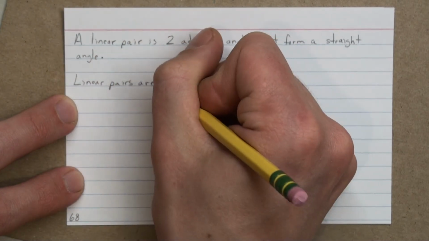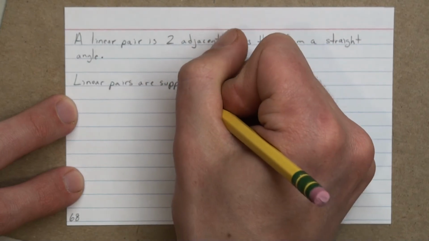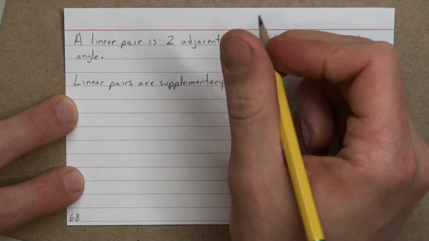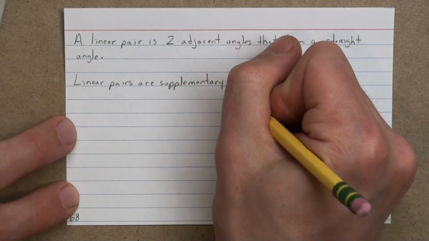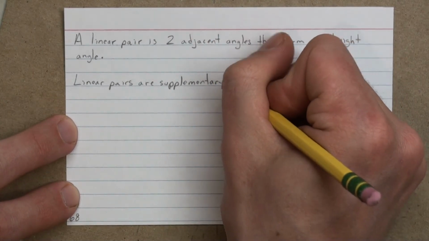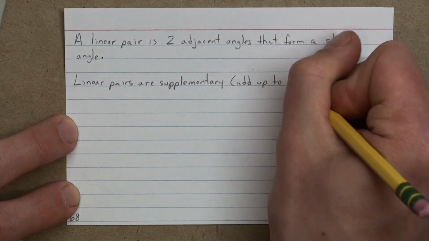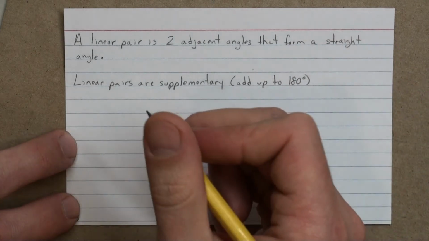Linear pairs are supplementary. That means they add up to 180 degrees.